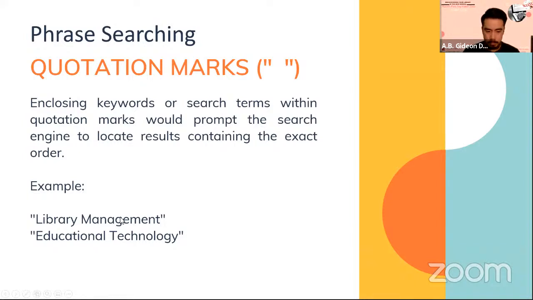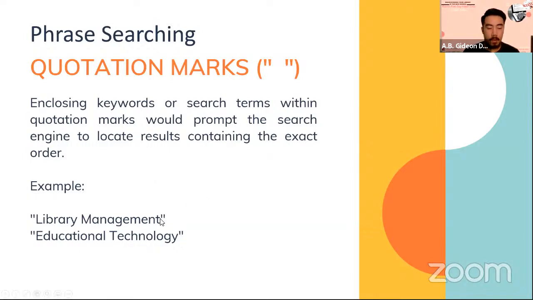Because I do know for a fact that most of us have already encountered this: we type 3 to 5 words, and yet we only receive in the results 3 words among those five, or at least 2 words among those five, right? Well, in this case, using quotation marks, it would yield the same words in the same order.